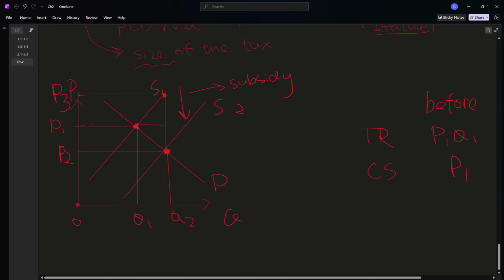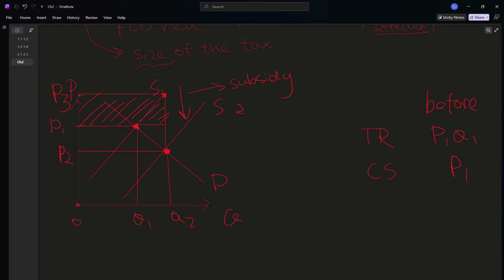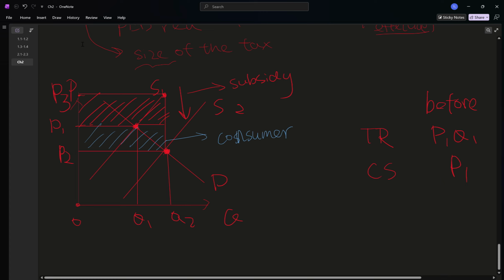Isn't it incredible? So this part of the subsidy is enjoyed by the consumer, and this part is by the producer.